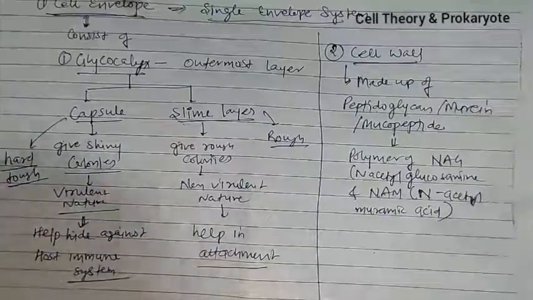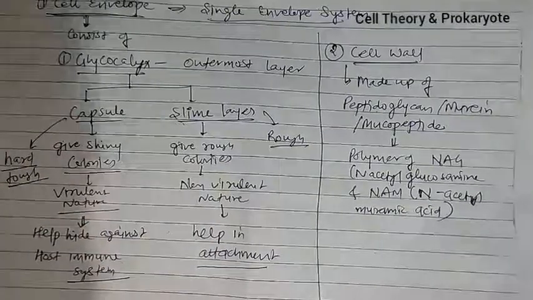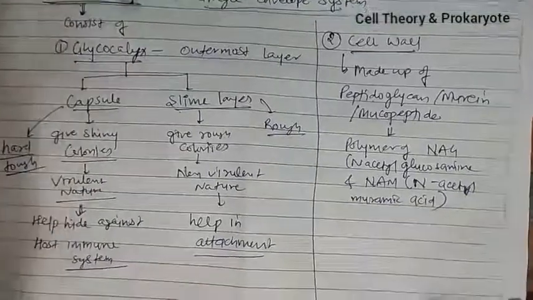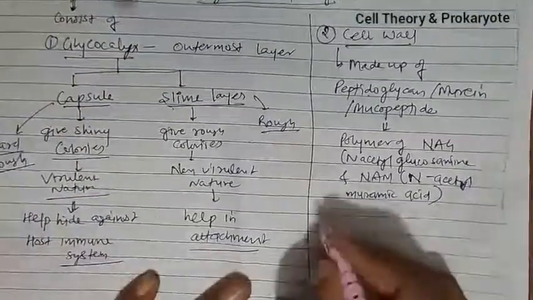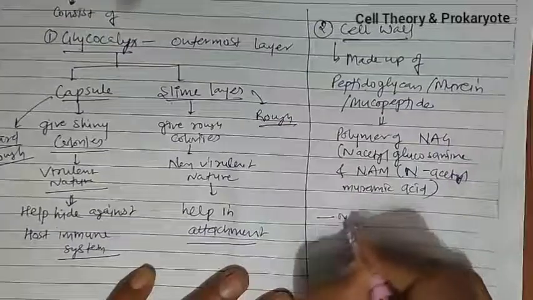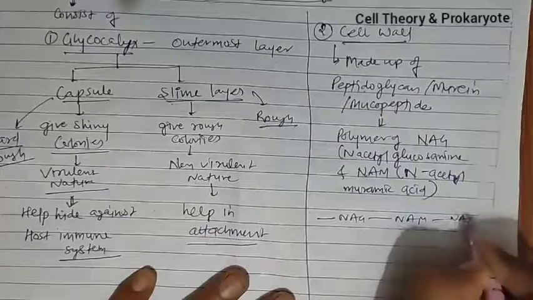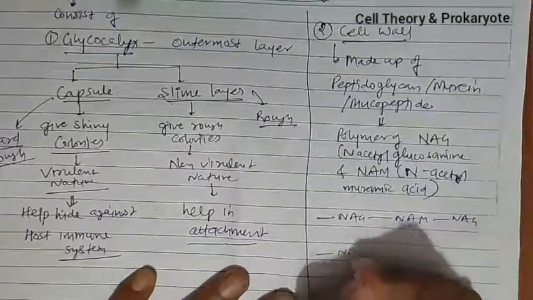If you see the structure of this, you find NAG, NAM, NAG, like this we find chains.